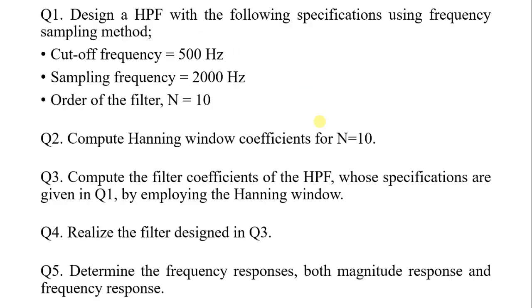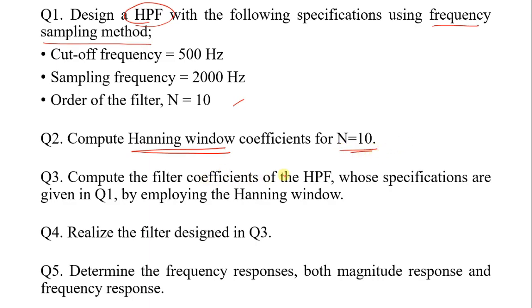Now, for you today, you do this numerical. First of all, in our last class, we have seen the low pass filter, how it can be designed by the frequency sampling method or Fourier transform method, whatever we have discussed. Now you have to do the numerical about the low pass filter. So find out all the coefficients, then compute the Hanning window coefficients for order N equals 10.